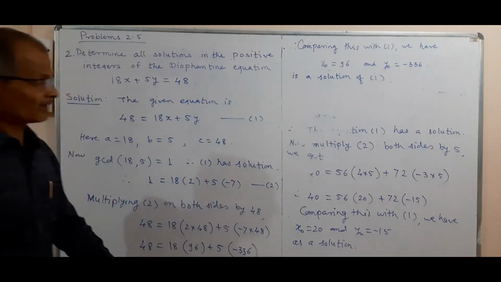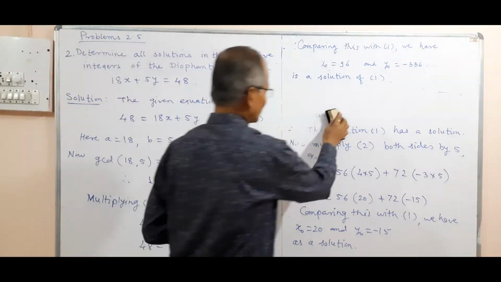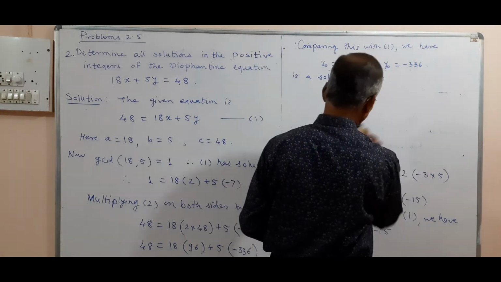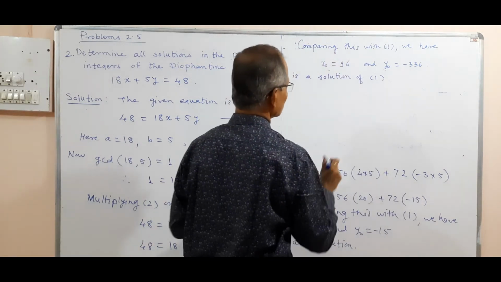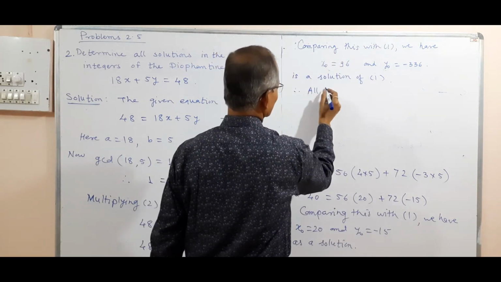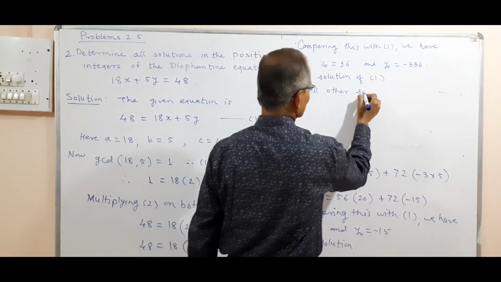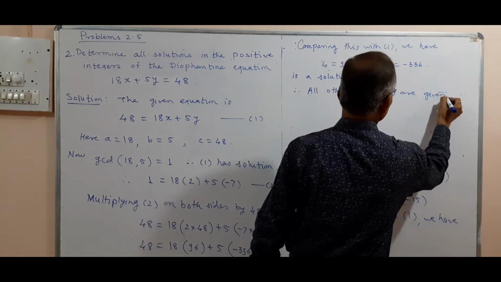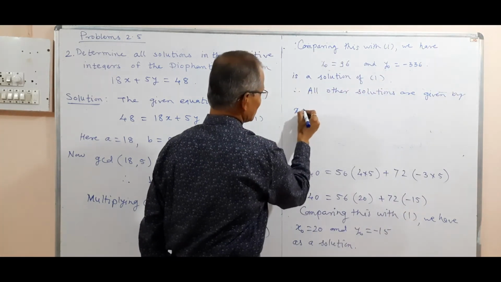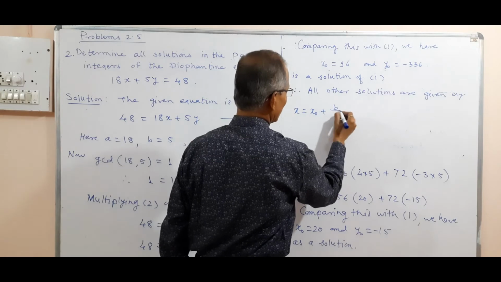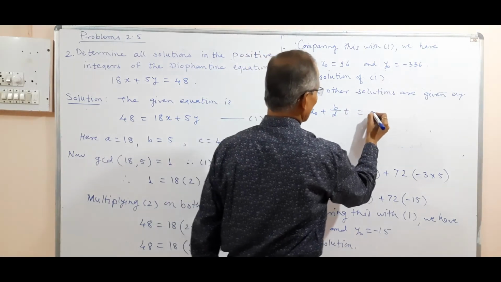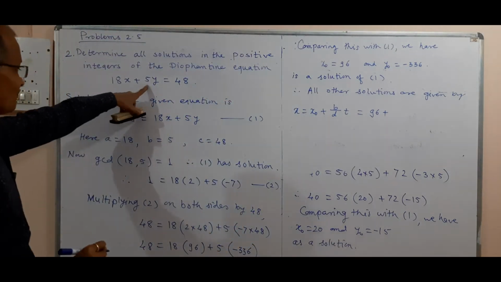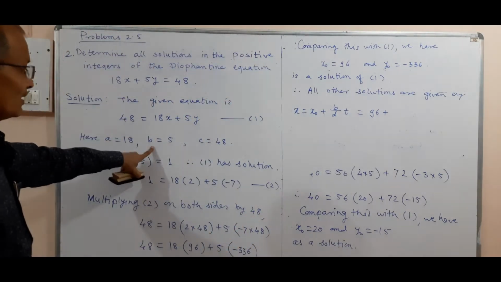This is diagonal multiplication, and all solutions we should write by theorem 9, and therefore all other solutions are given by x is equal to x naught plus b by d times t, that is 96 plus b by d. Here d is 1.